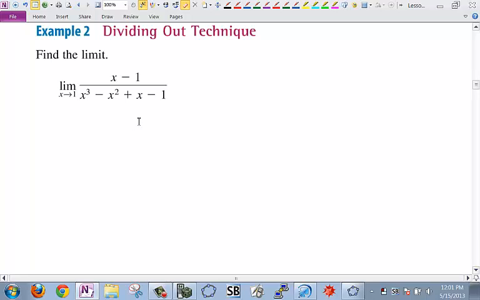Specifically, you are canceling the factor that is creating the 0 in the denominator. What is definitely going to be a factor of this polynomial? x minus 1. And it's going to cancel with this x minus 1. When it goes away, you're no longer going to have something creating zeros in the bottom, right? Okay, so let's do this.